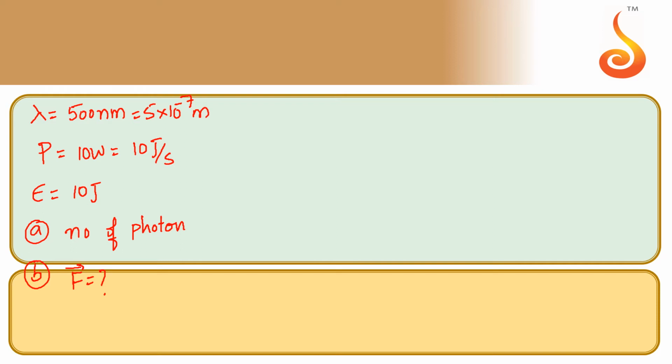So let us calculate first the number of photons. For that we need to calculate the amount of energy carried by one photon. So the energy of one photon is equal to hc by lambda.